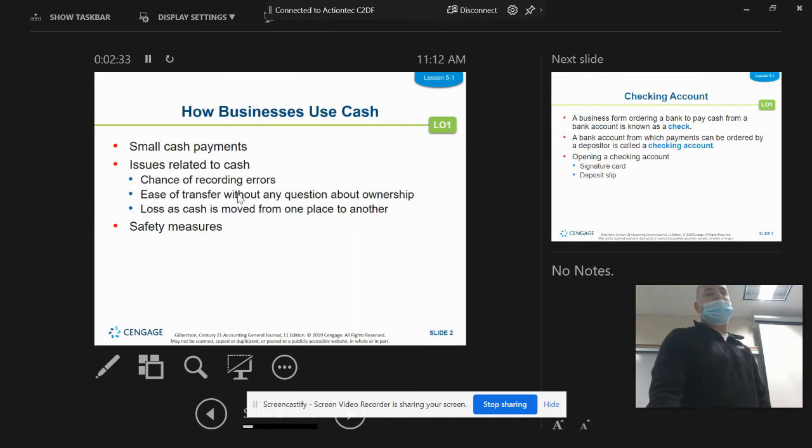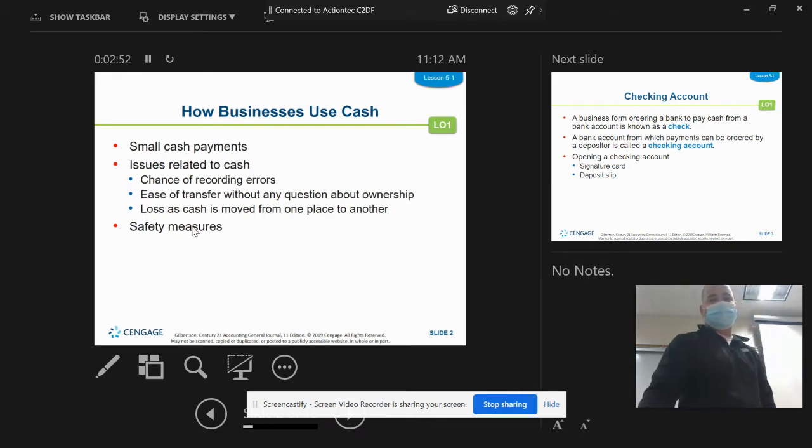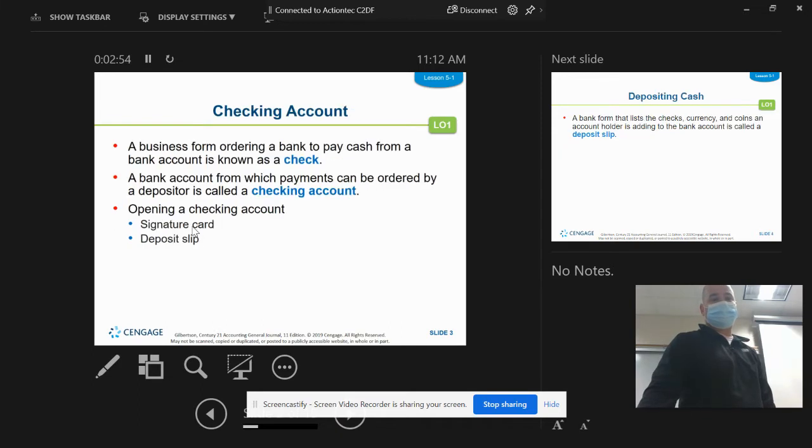So there are some safety measures that we could incur as a company if we decided to go all cash as our business. Remember, personal use might be a different story, although the same limitations will apply. But there are some major reasons why we want to use checks as opposed to cash with our business.